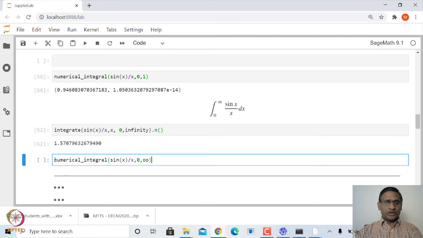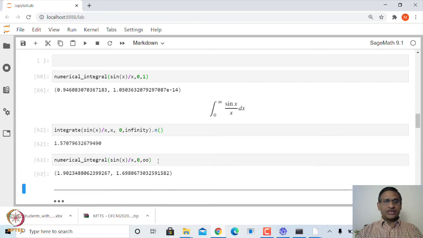When one wants to find the numerical integral, one has to divide the interval. In that case, an interval of infinite length will not be very convenient. That is why you can see here, when you integrate this, you are getting the answer 1.90, whereas the correct answer is pi by 2.